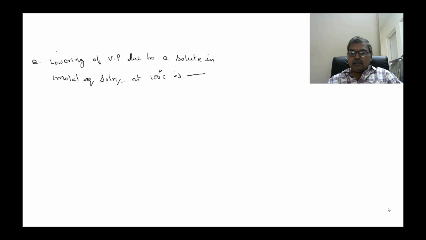This is the question on lowering of vapor pressure. Lowering of vapor pressure due to a solute in a 1 molar aqueous solution at 100 degrees Celsius, this is important, is dash mm of mercury.